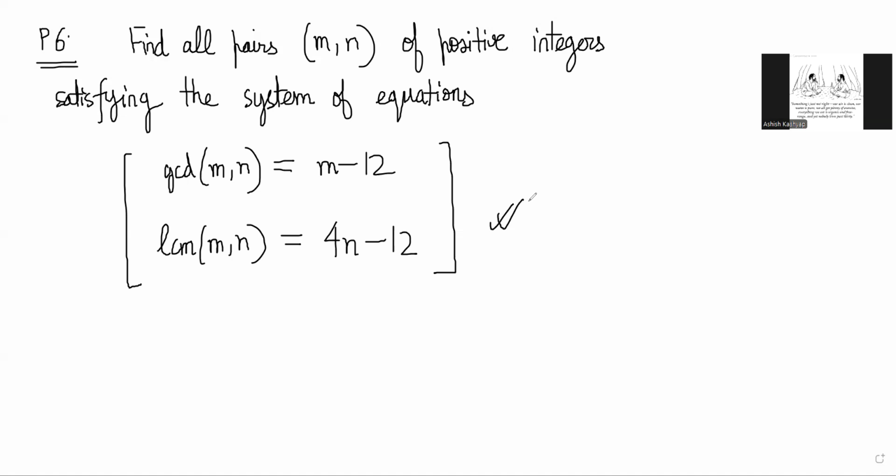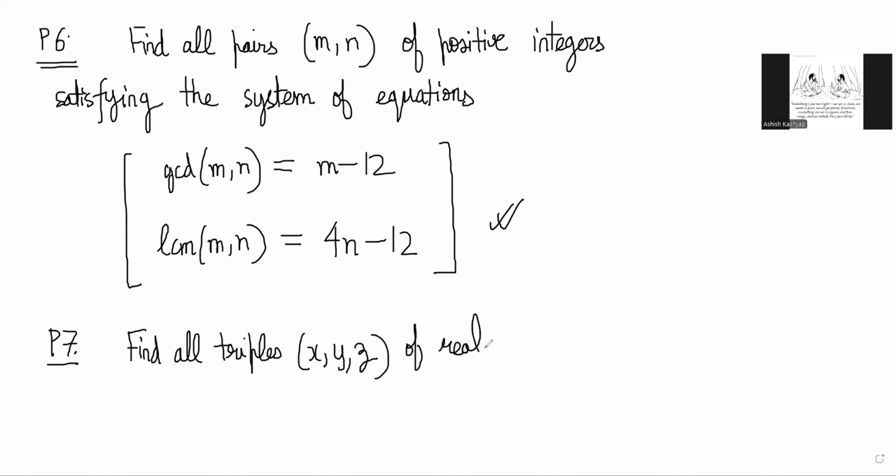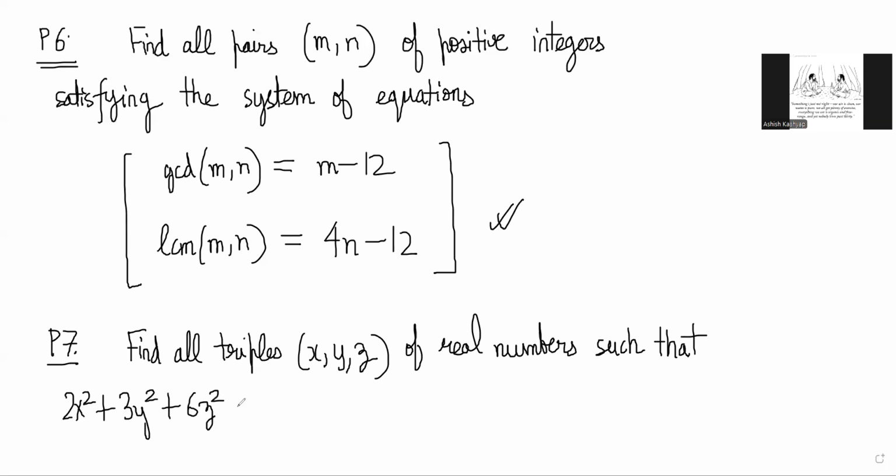Actually, I'll give you one more problem. P6 and P7 are homework. We will discuss these two questions tomorrow and start the discussion from here. This problem is: find all triples x, y, z of real numbers such that 2x square plus 3y square plus 6z square is equal to 2 times x plus y plus z minus 1.